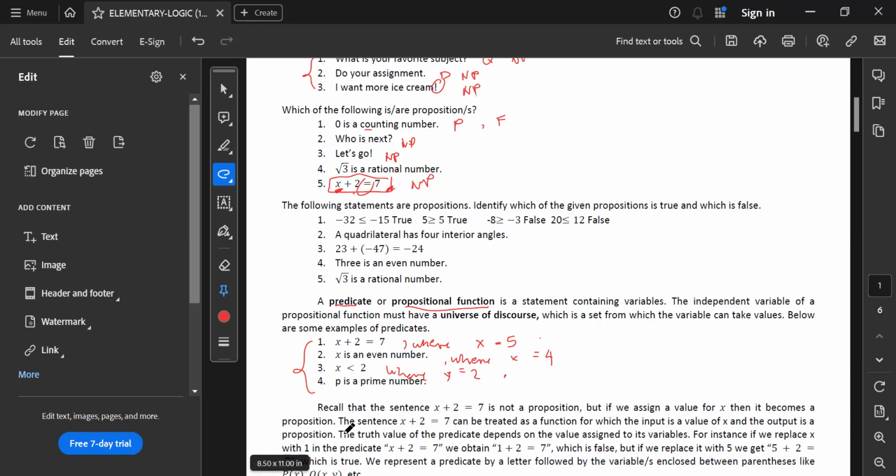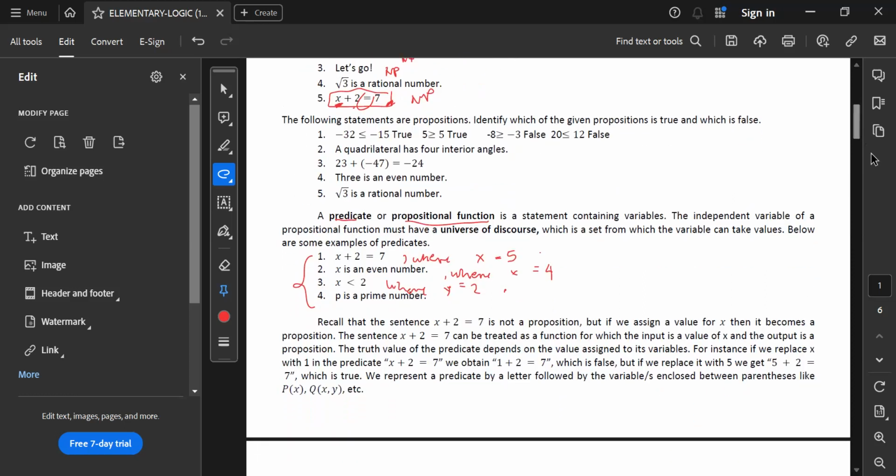We also have what we call the universe of discourse. That means the set from which the variable can take its value.